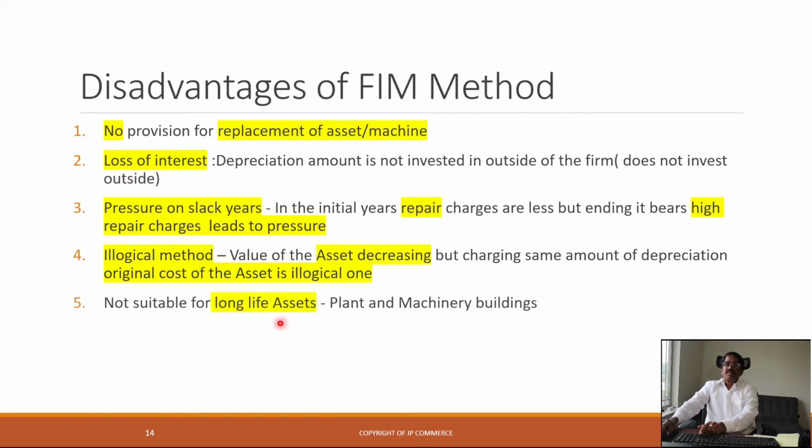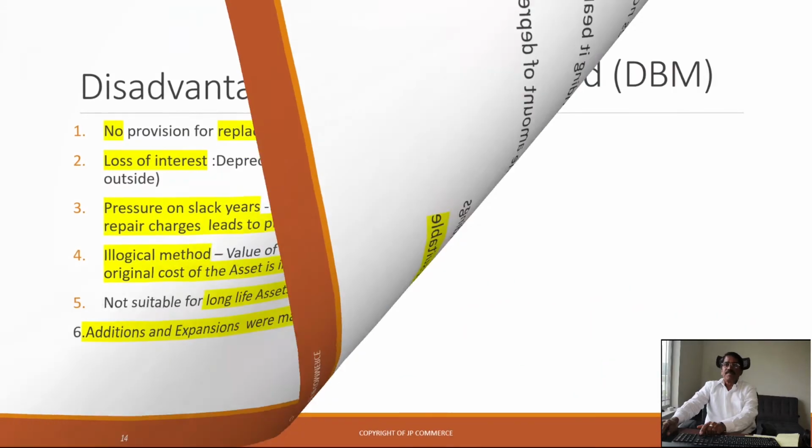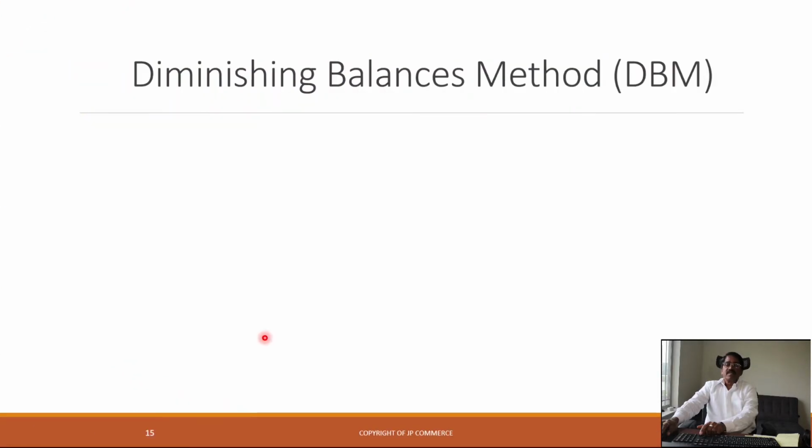This method is not suitable for assets with a long life, such as plant and machinery and buildings, or whenever additions are made for expansion. Now, the second method is the diminishing balance method.